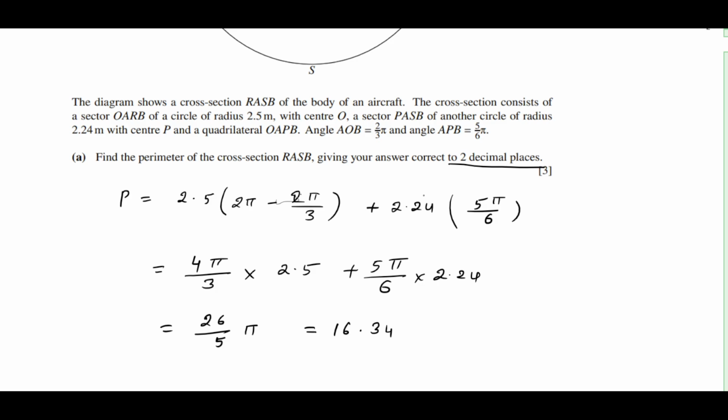Now the unit is given, it is meter. So your perimeter is 16.34 meter.